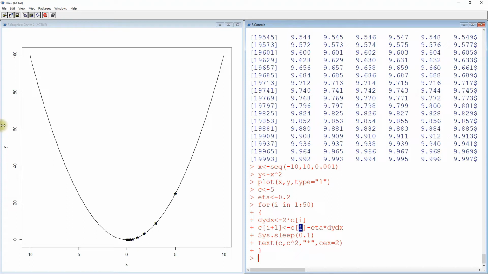So what I've just done here is, let me just change that system sleep to make it a little bit slower in the code that I have here. Let's put it as 1 second. Okay, I put it as 1 second.